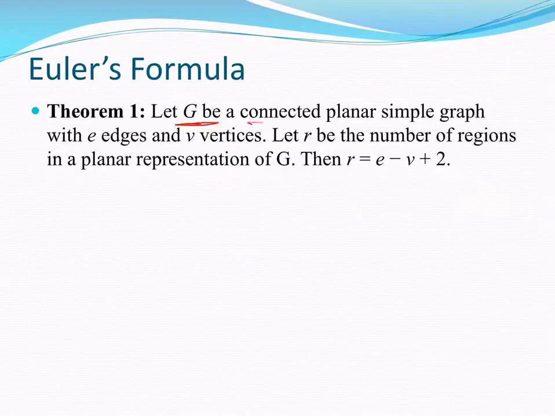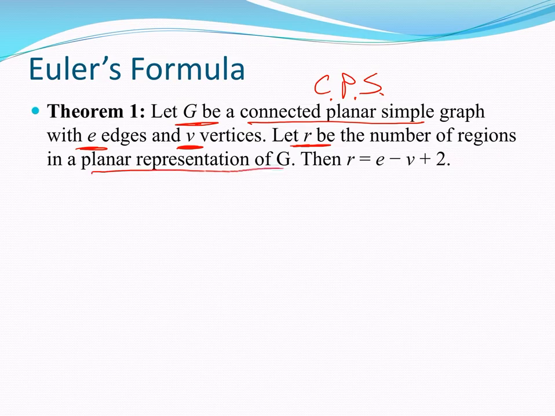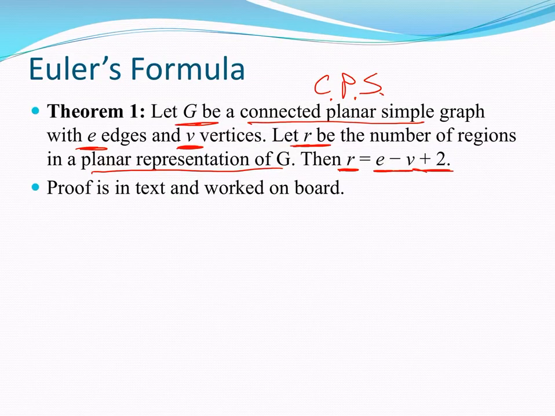If I've got G as a connected planar simple graph, sometimes I abbreviate that CPS, and I've counted up the edges, and there are E of them, counted up the vertices, there are V of them, and I've counted up those regions, those contiguous areas bounded by edges, then it turns out that if I have a planar representation of G, the number of regions is equal to the number of edges minus the number of vertices plus 2. Now, we'll do the proof of that in a separate video.